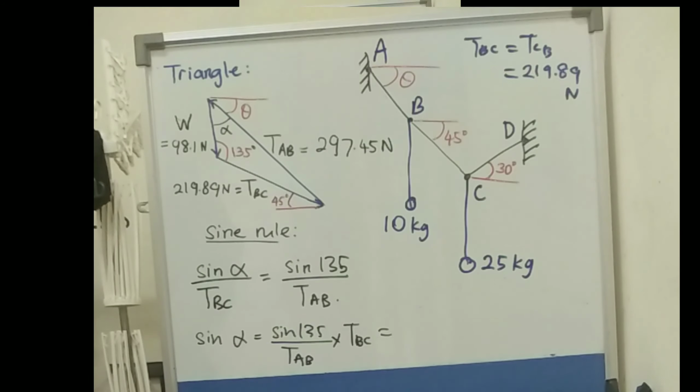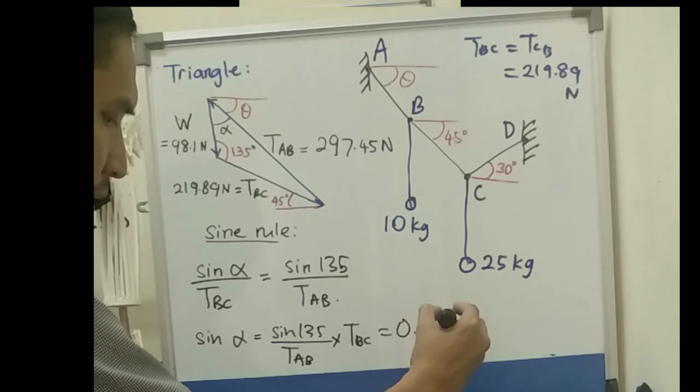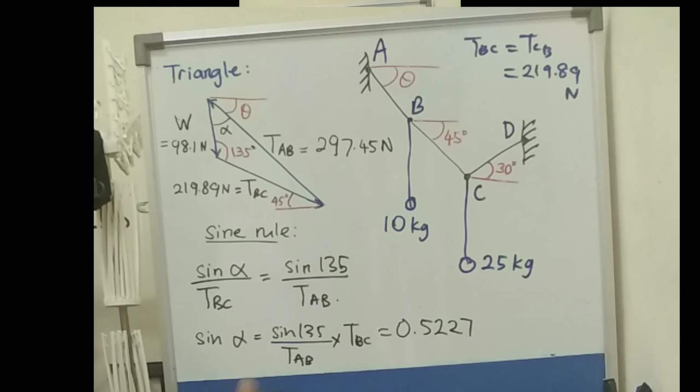This gives you sine alpha, sine 135, what, 0.527, I already calculated. Then you take the inverse sine of 0.527, you get alpha equal to 31.8.